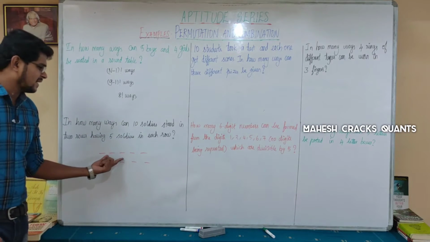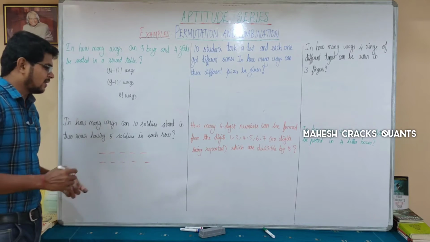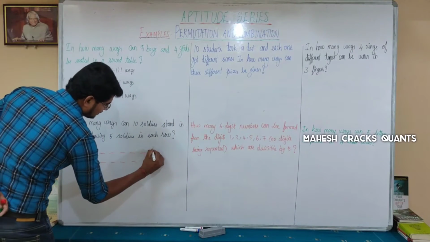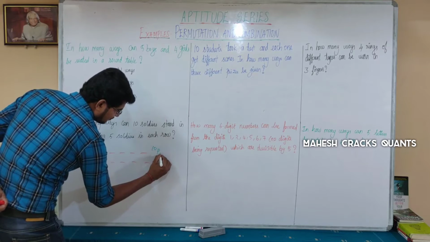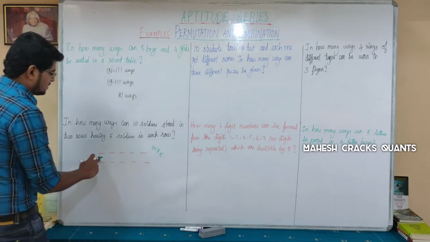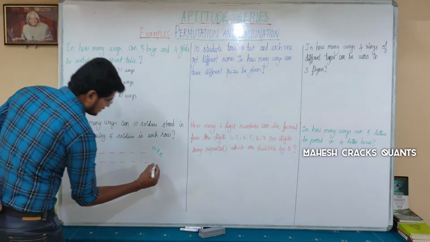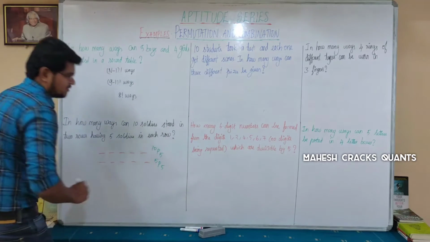In how many ways can I arrange these 5 members for the first row from 10 people? Totally 10 soldiers are there, out of which I am taking 5 for the first row. Next, for the remaining 5 seats, I have the remaining 5 members arranged in 5 ways.